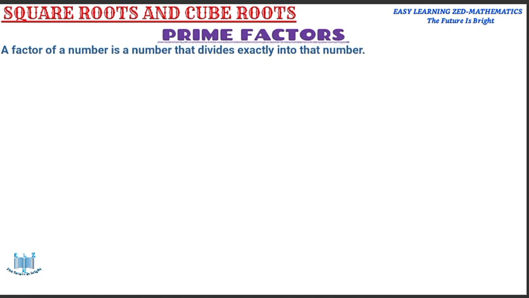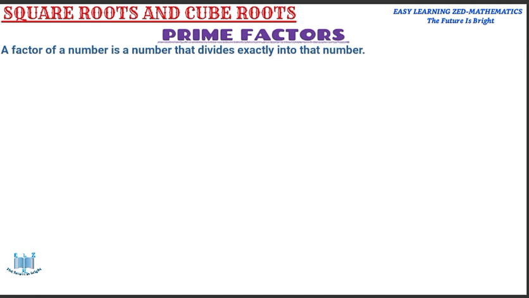For example, I have got 4. 1 can go into 4 without leaving a remainder. 2 can go into 4 without leaving a remainder. Hence, 1 and 2 are factors of 4.